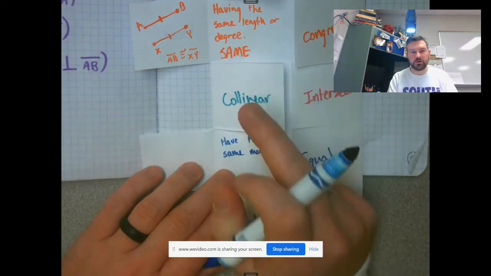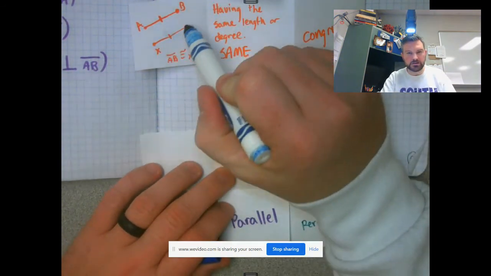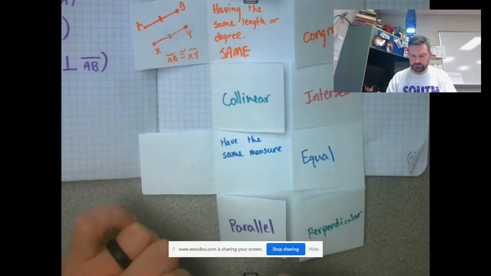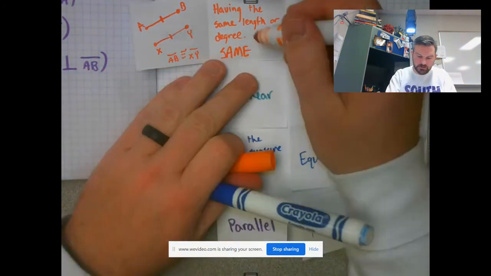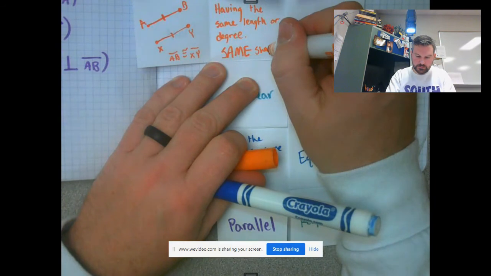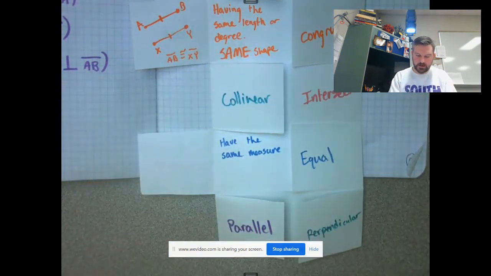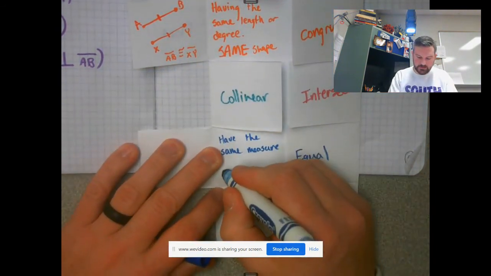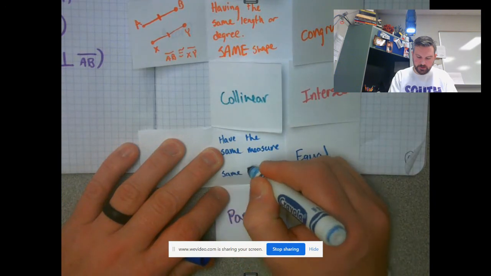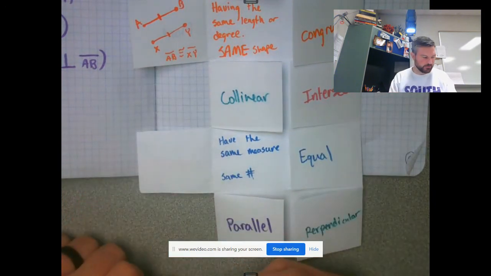Yes, they are congruent, but congruent more talks about the shape. So we can say same shape. And with equal, it's the same number, whatever the number might be.